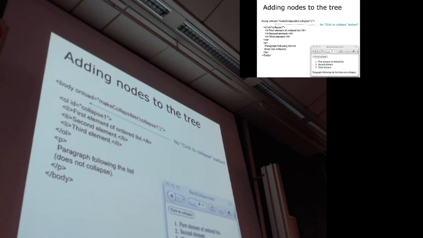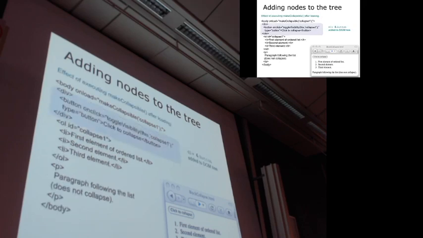Also note that in the example there is this button, "click to collapse", but it's not there in the HTML. So apparently that is also added later in the JavaScript. So when you look at the source code in your browser as it is live, you will see that there is a div with a button added to the HTML.